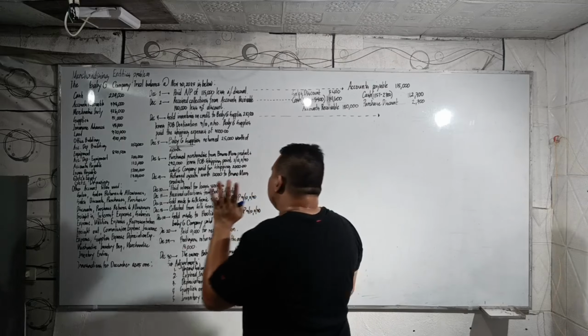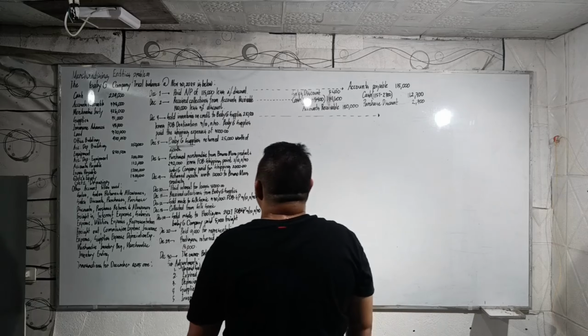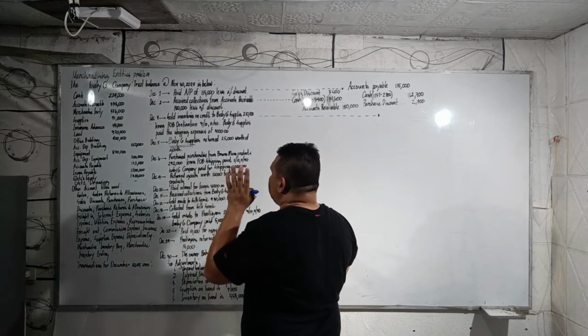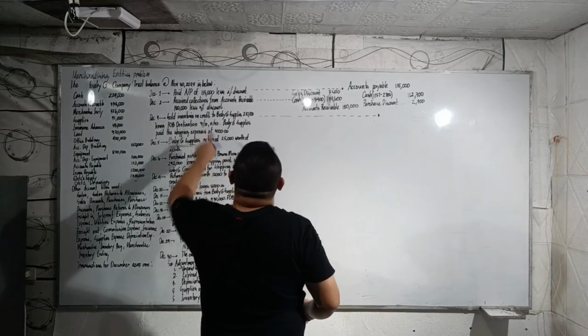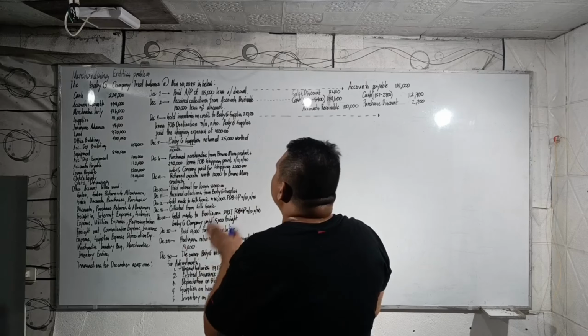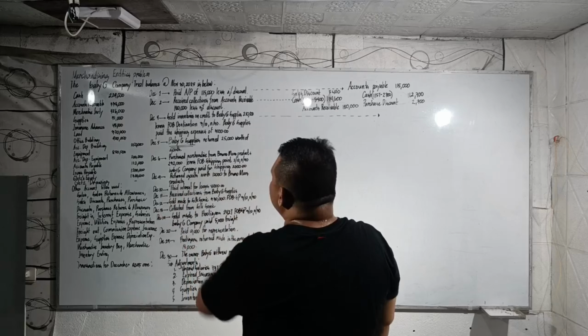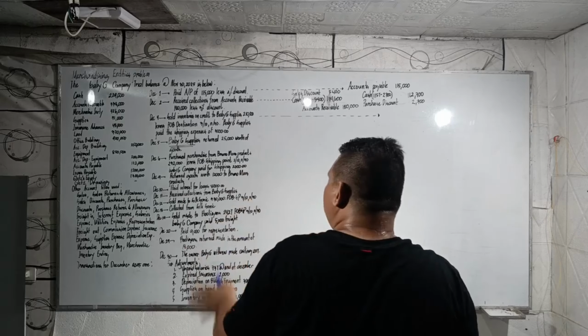And then the 3, 10, and 30 means if the customer, BBG Supplies, will pay within 10 days, it will enjoy a 3% discount. So BBG Supplies paid the shipping expenses of 3,000. So the customer paid for the freight.